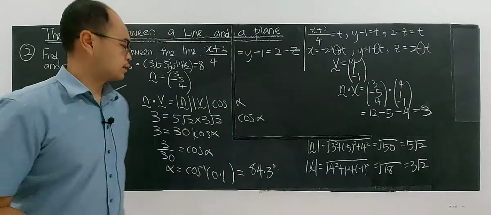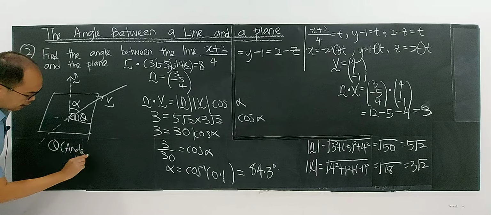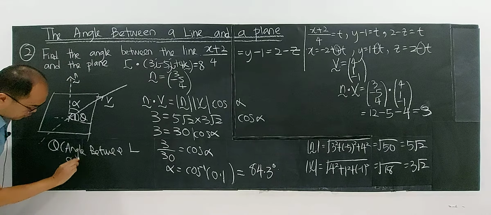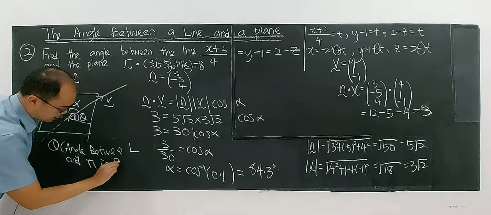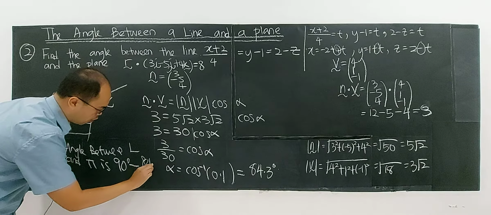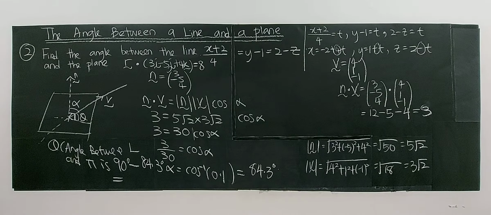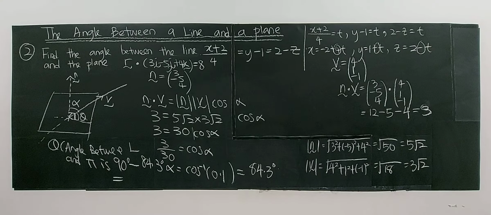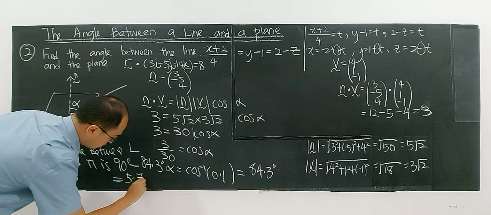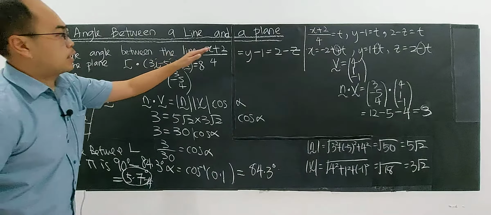So to find theta, the angle between the line and the plane, I take 90 minus 84.3, which gives you 5.7 degrees. So this is the angle between this line and this plane.